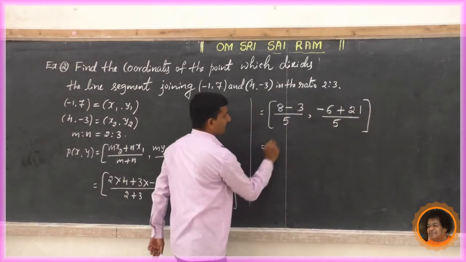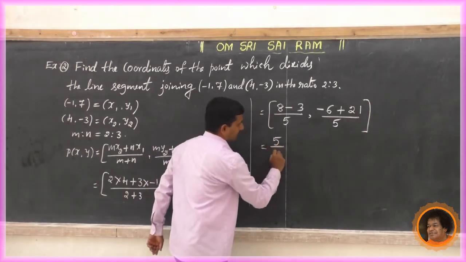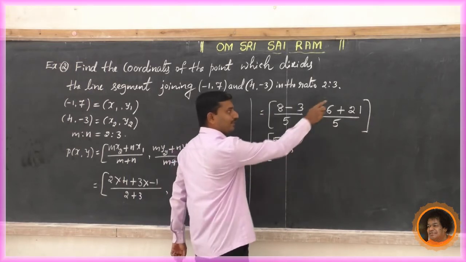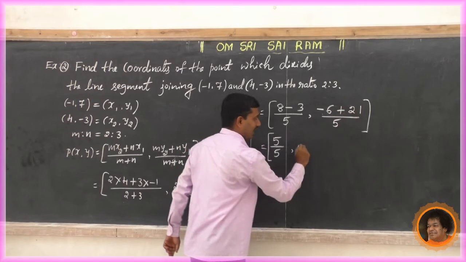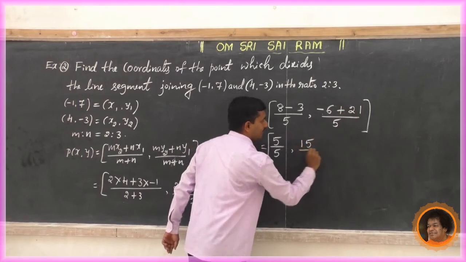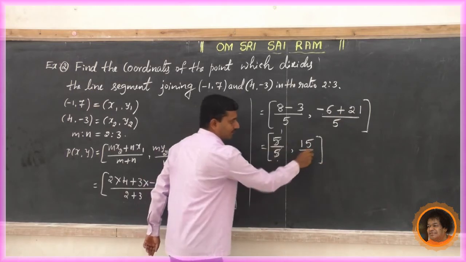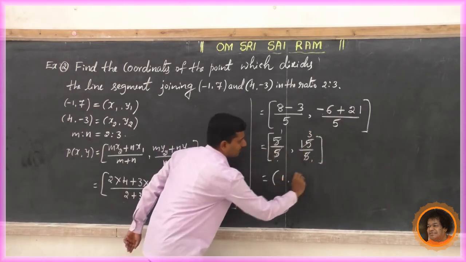Now simplify, 8 minus 3, 5 divided by 5, minus 6 plus 21, here the bigger number sign is a plus, so minus 6 plus 21, answer is 15 divided by 5. Now divide, 5 ones are 5, 5 threes are 15, so therefore the coordinates are 1, 3.